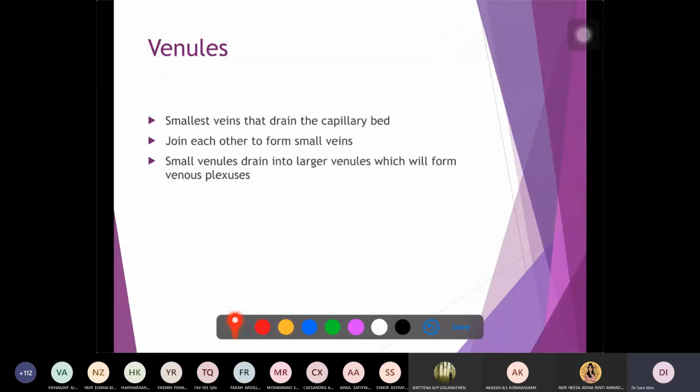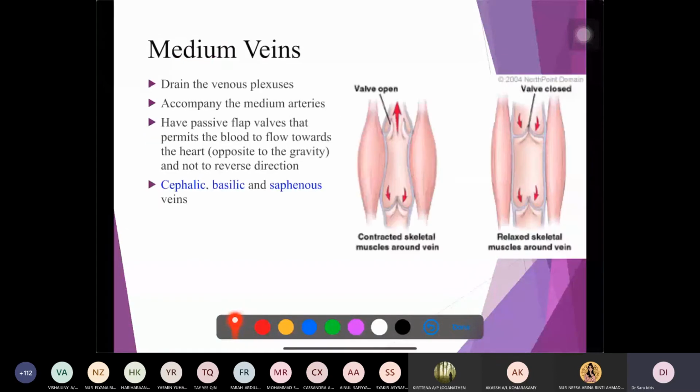And the venules will join each other to form small veins. So the small veins will then drain into larger veins, which drain into venous plexus. It's not the large veins that we know, but the caliber of the veins will become bigger and bigger until it forms venous plexus.